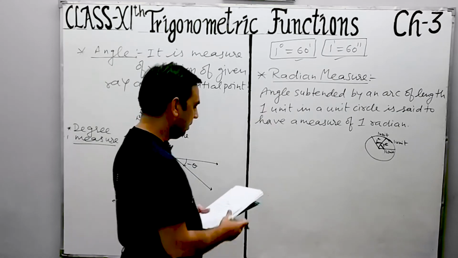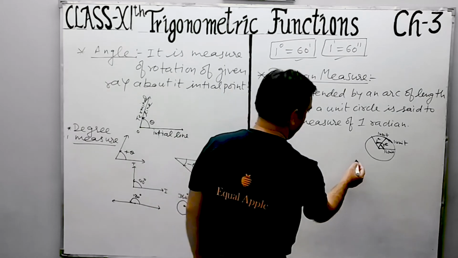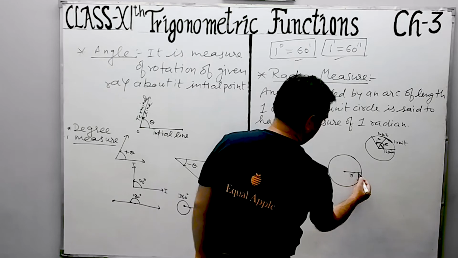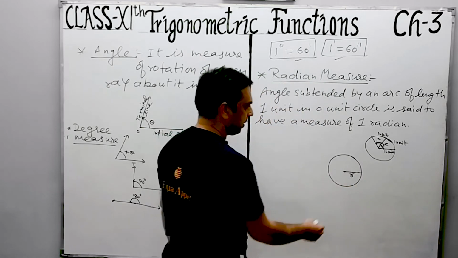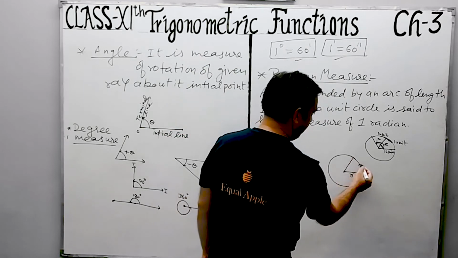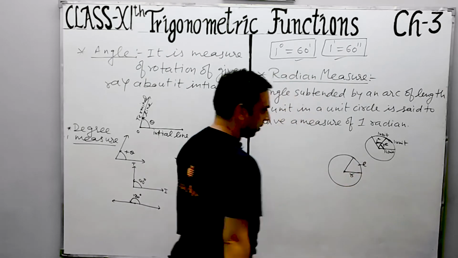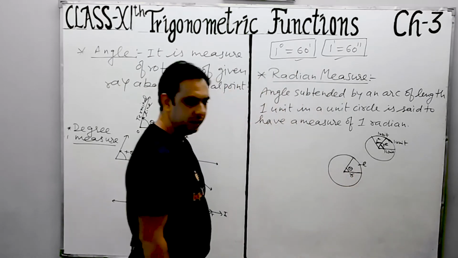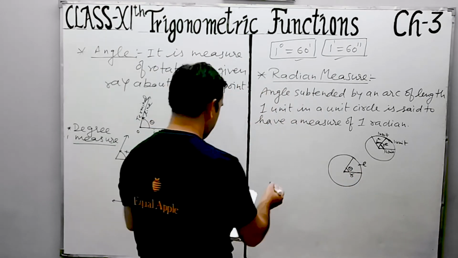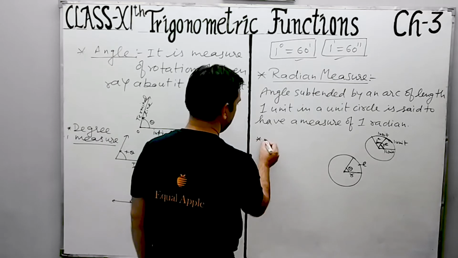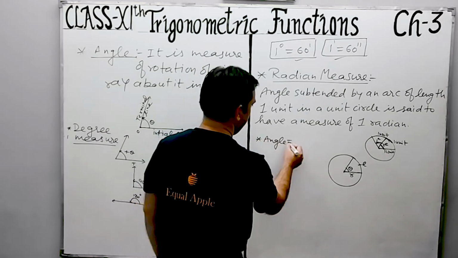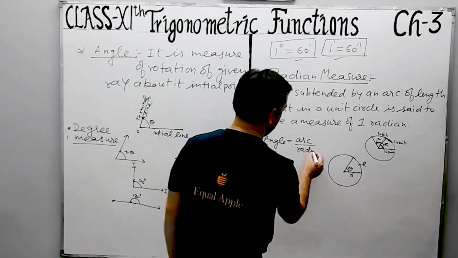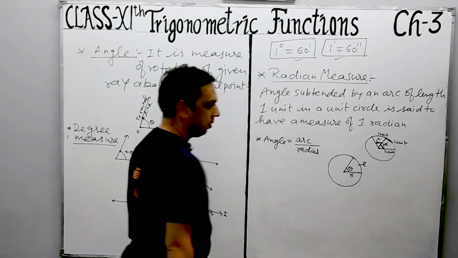You can see, if we have a circle of radius r and the length of an arc is L, then the angle we can say is theta. So we are well aware of one thing, that angle is equal to arc upon radius, right?